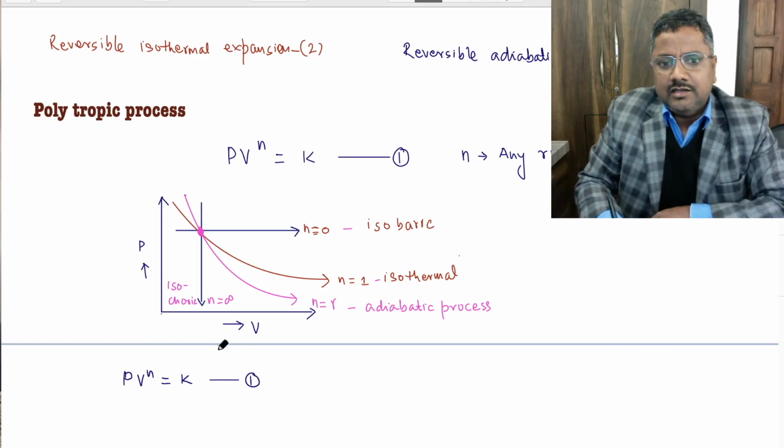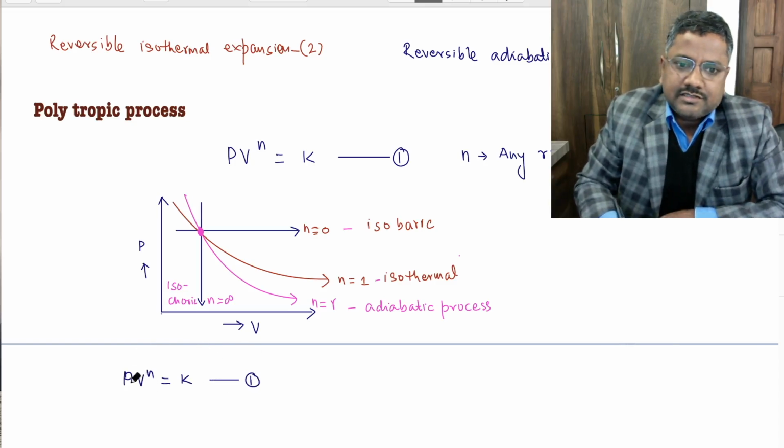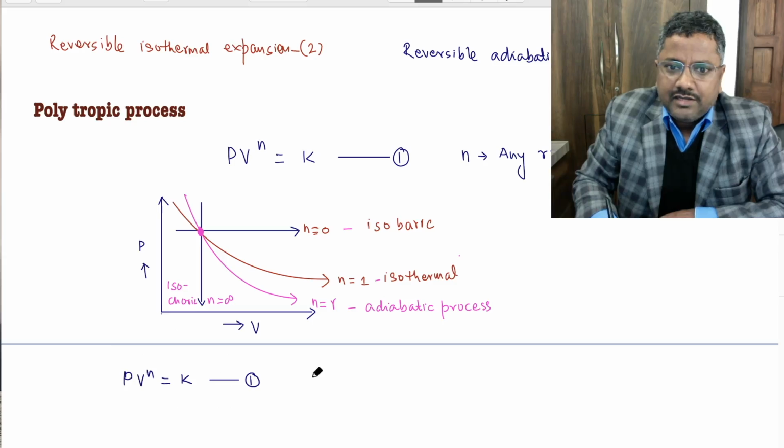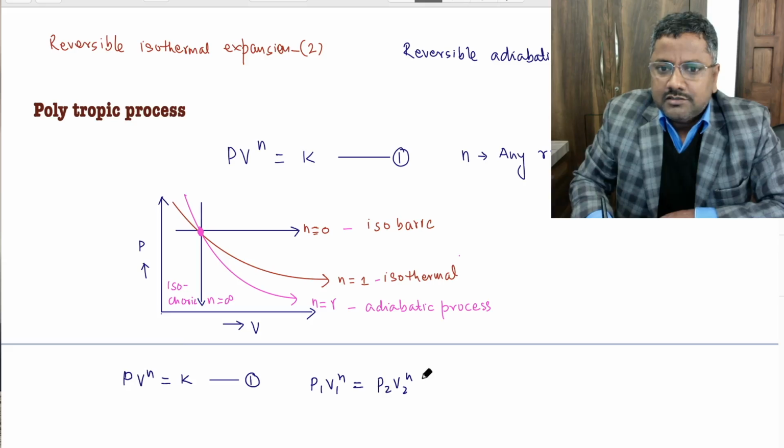So at any moment of time along this PV path, we can write P1 V1 to the power n is equal to P2 V2 to the power n is equal to P3 V3 to the power n is equal to K, for 1 mole of the gas. Here n is not the moles, n is any real number.